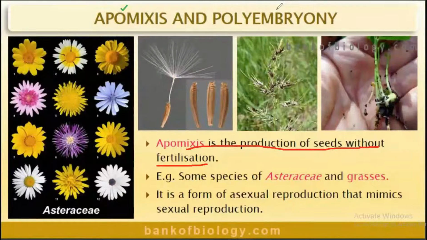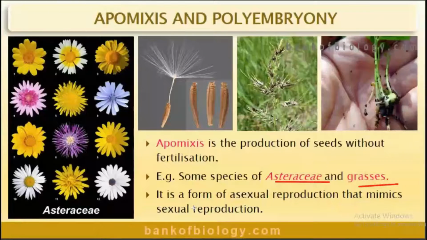Example, some species of Asteraceae and grasses. Then it's a form of asexual reproduction that mimics sexual reproduction. Why? Seeds are produced, so that mimics sexual reproduction. This is asexual because there is no fertilization.